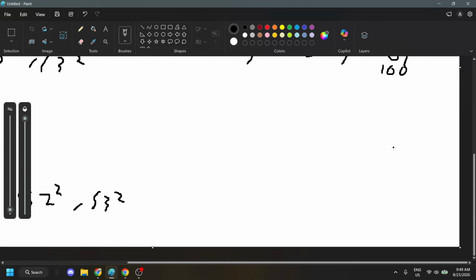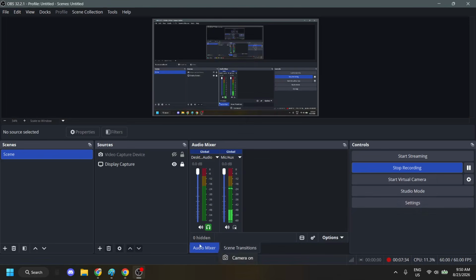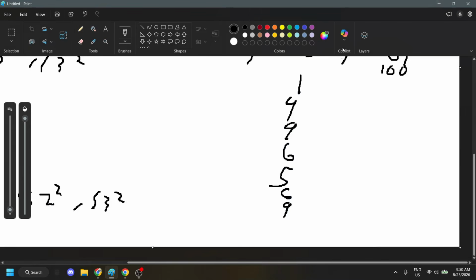Oh, squares can only end in certain things, right? We have 1, 4, 9, 16, 25, 36, 49, 64, 81, 0.